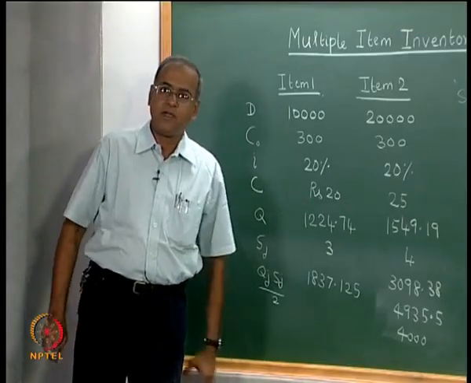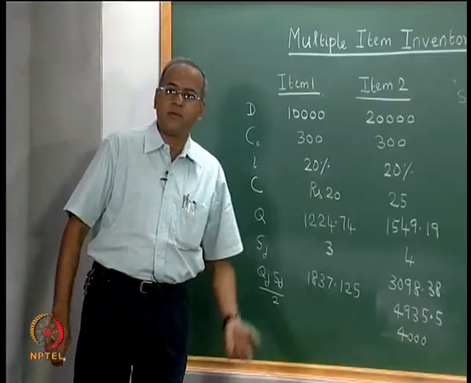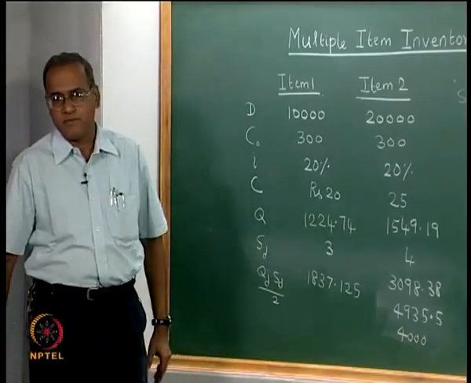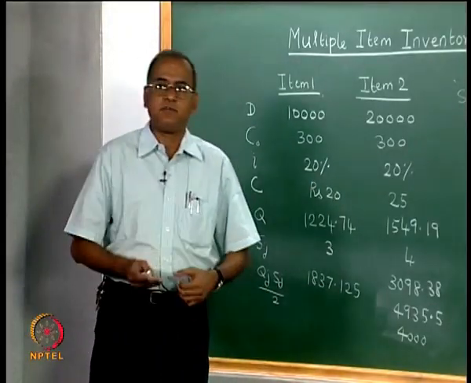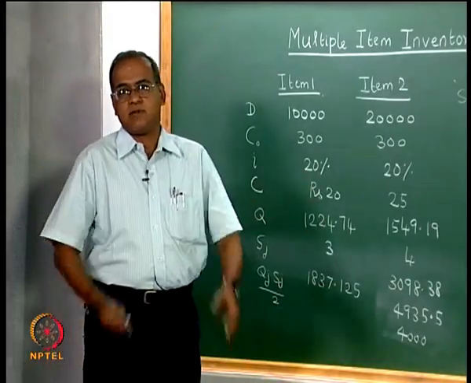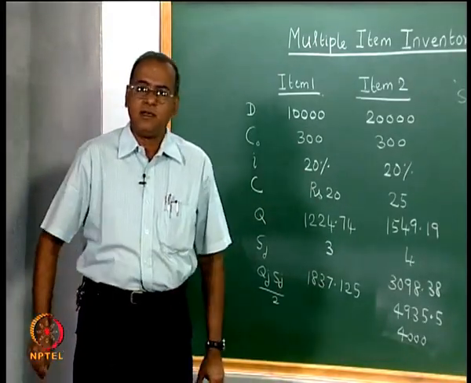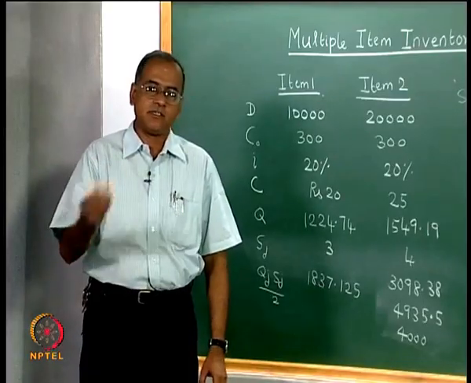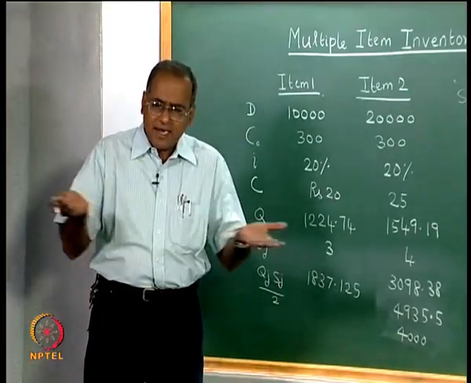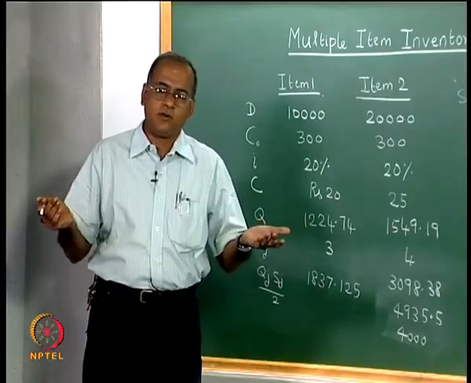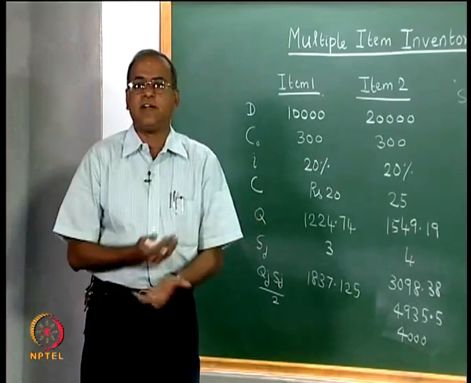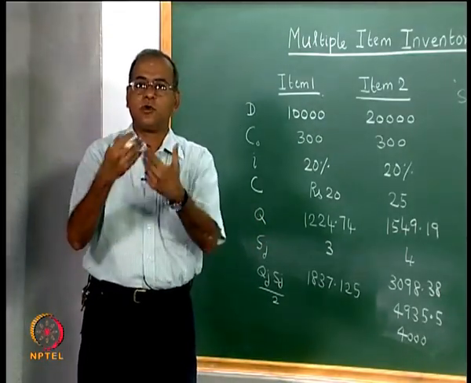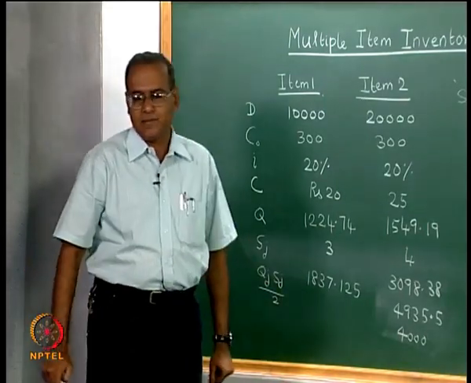We use average inventory because there are multiple items, and while some of these items will have very large inventories, some will have smaller inventories, and therefore we are justified in assuming that at any given point in time we only have a certain average inventory in the system whose storage space we are looking at.